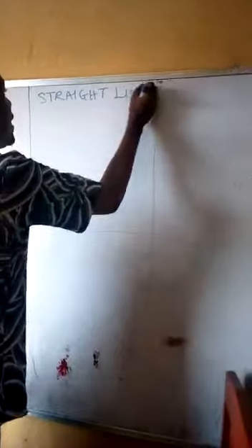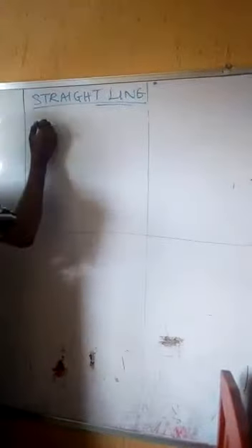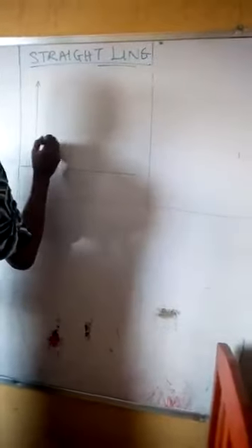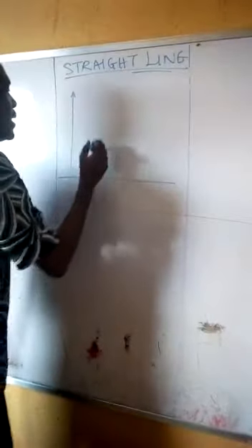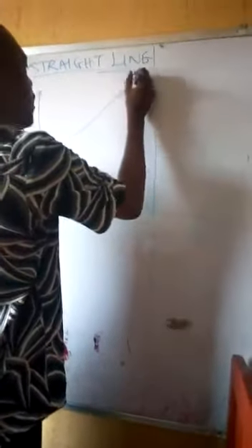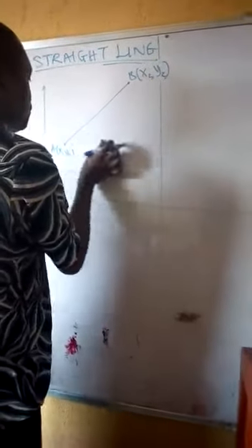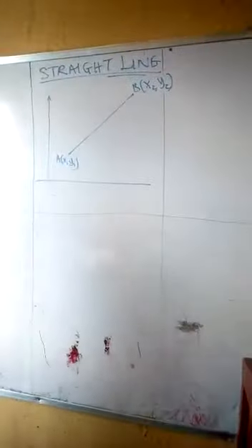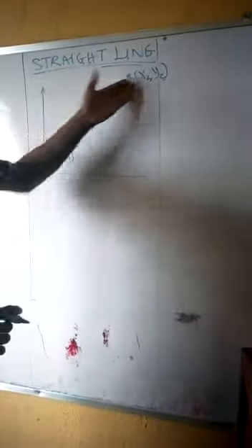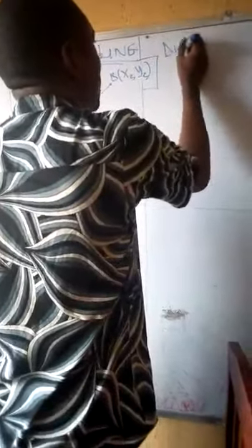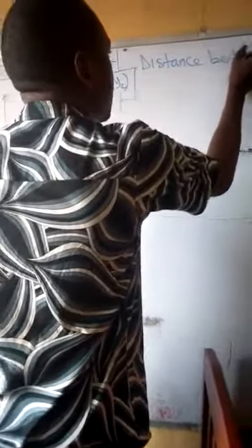Every straight line is bounded by 2 points. The initial point, let's call it x1, y1, and the terminal point, let's call it x2, y2. So, what are the things that we should bother ourselves with about this line? First, the length of the line, or distance between points.